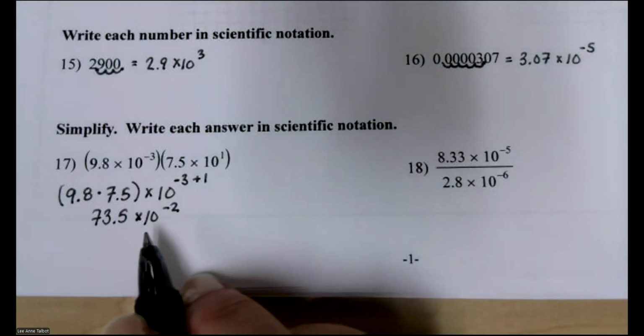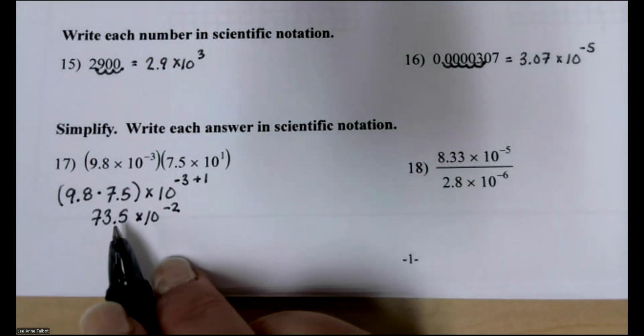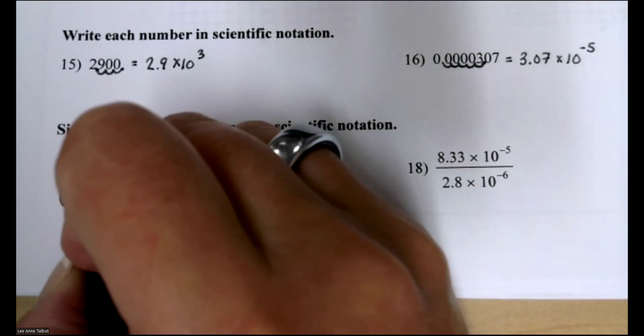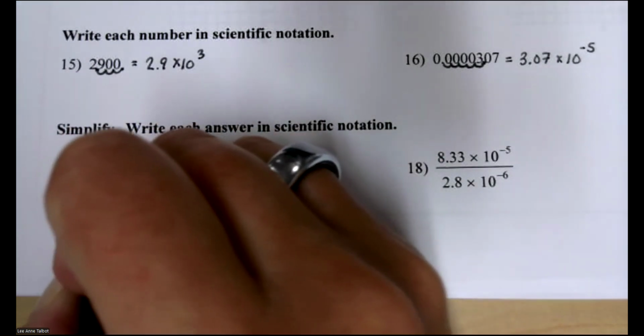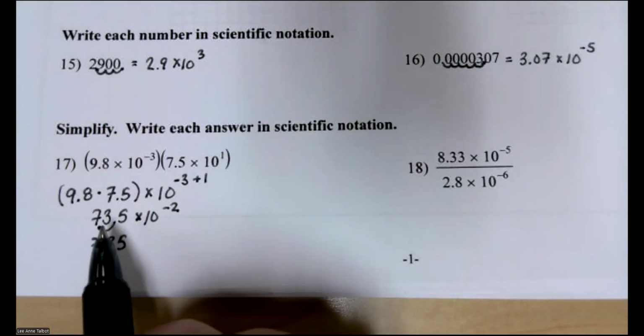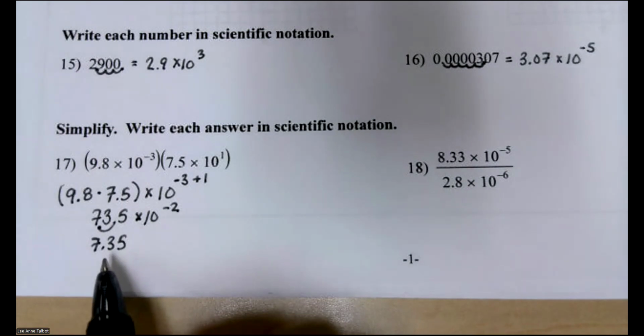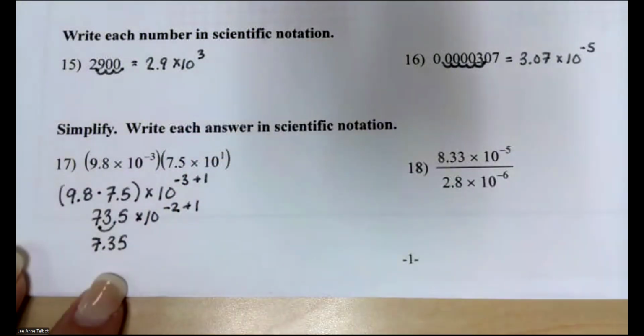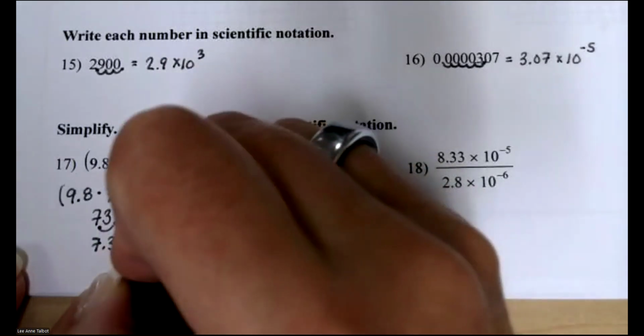So where does the decimal need to go? Yeah, beautiful. In between the 7 and 3, so I'm going to move it that way. So 7.35. Okay, now this went from 73.5 to 7.35. It went down a power of 10. So I need to add a power of 10 to balance it out.